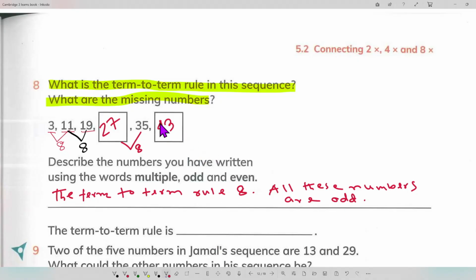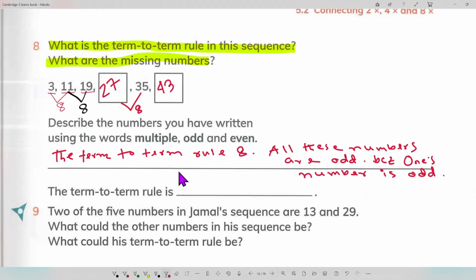Because 3, 5, 7, 9, 1, 3, all these numbers are odd because one's number is odd. The term to term rule is 8.